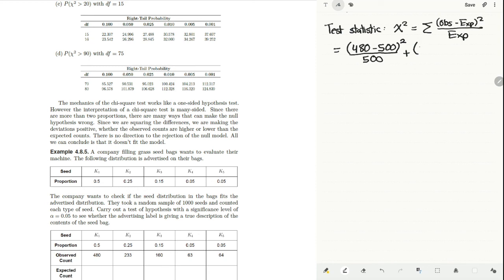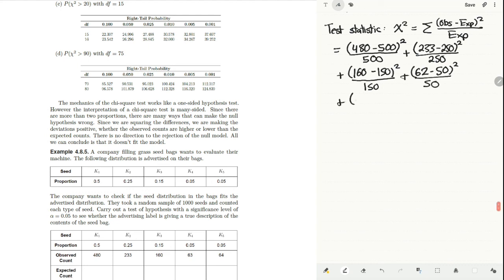We have 233 observed minus 250 expected squared over 250. Then we do the same calculation for seed 3. We observed 160 and expect 150. For seed 4, we observed 62 and expect 50.